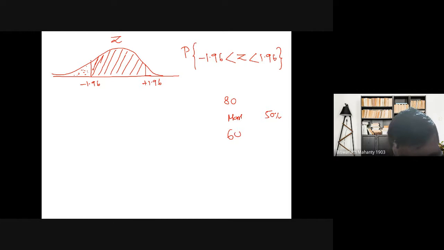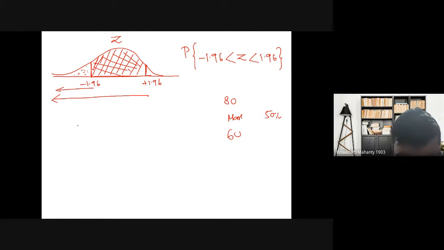So the probability of the in-between zone means the probability less than plus 1.96, the whole portion on the left side, minus the probability of your value less than minus 1.96. That will give me the area I am looking for. This point is very easy to understand.